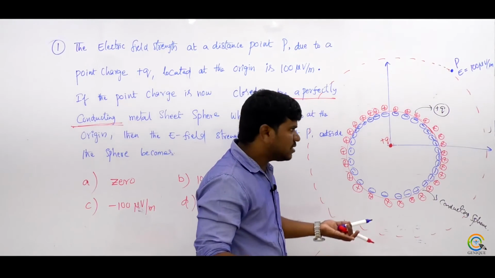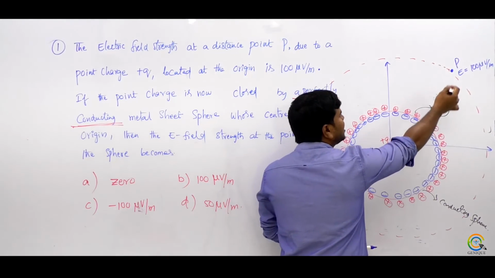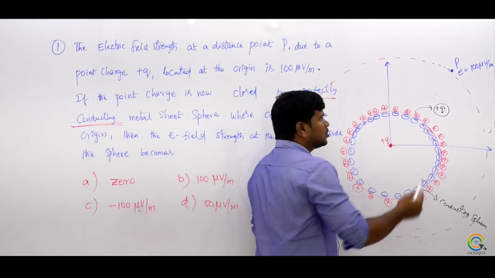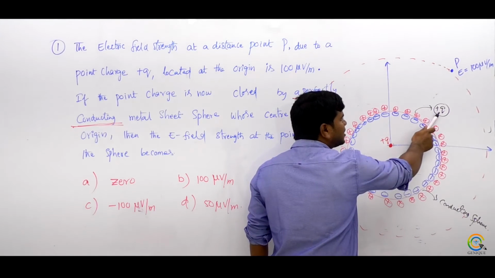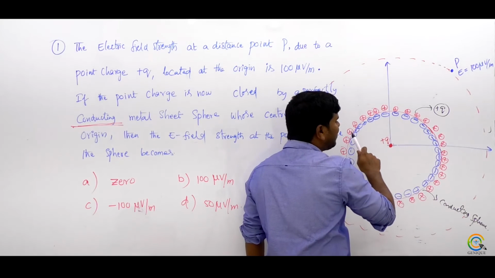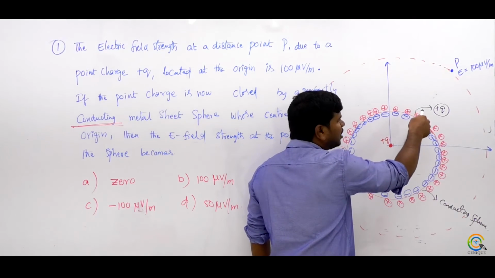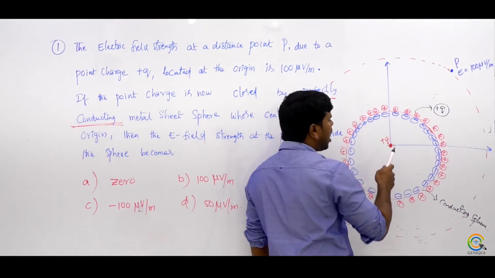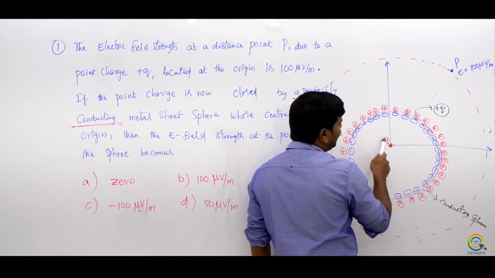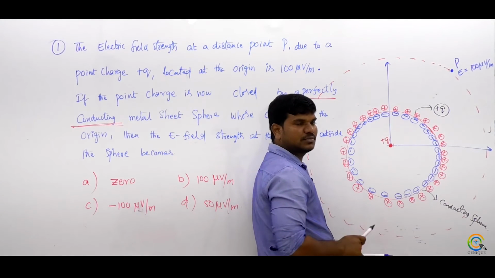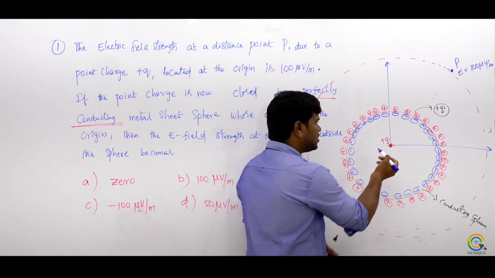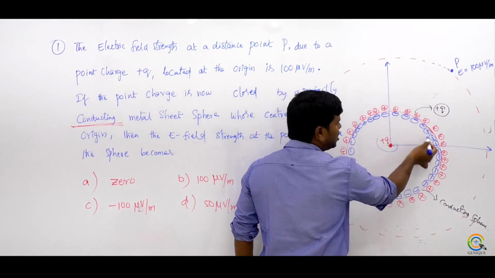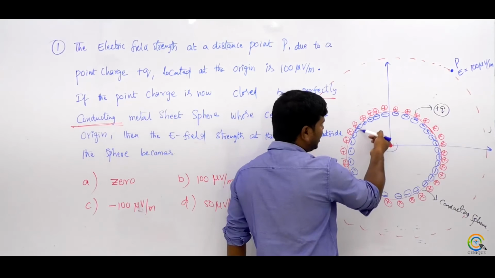Understand? What is the entire charge? The entire charge is plus q. Or otherwise, you can cancel the charges, this charge and this charge, because these two are equal.